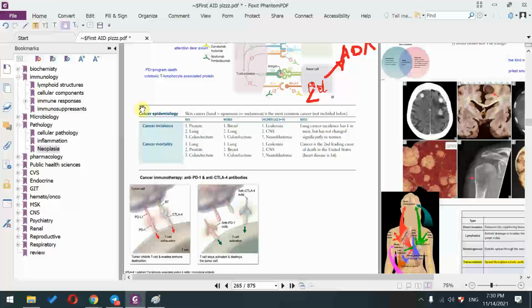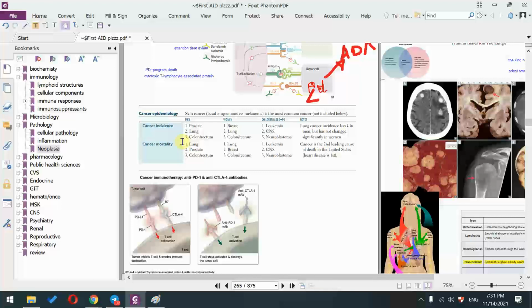What is the most common cancer in the world? Do not let this freaking First Aid trick you. It's not prostate, it's not breast, it's not any of that. The most common cancer is skin cancer, okay guys? I know that most of the people will say, this is a tricky question. They keep doing it everywhere.